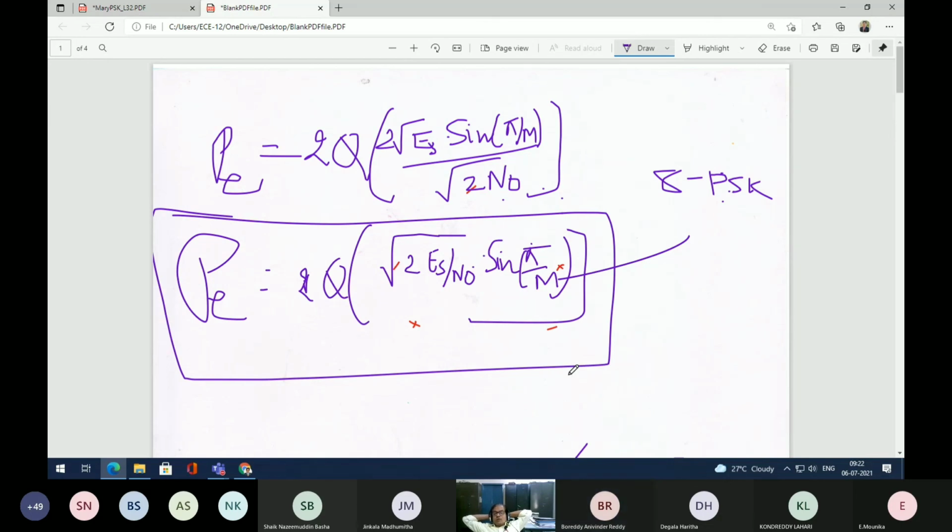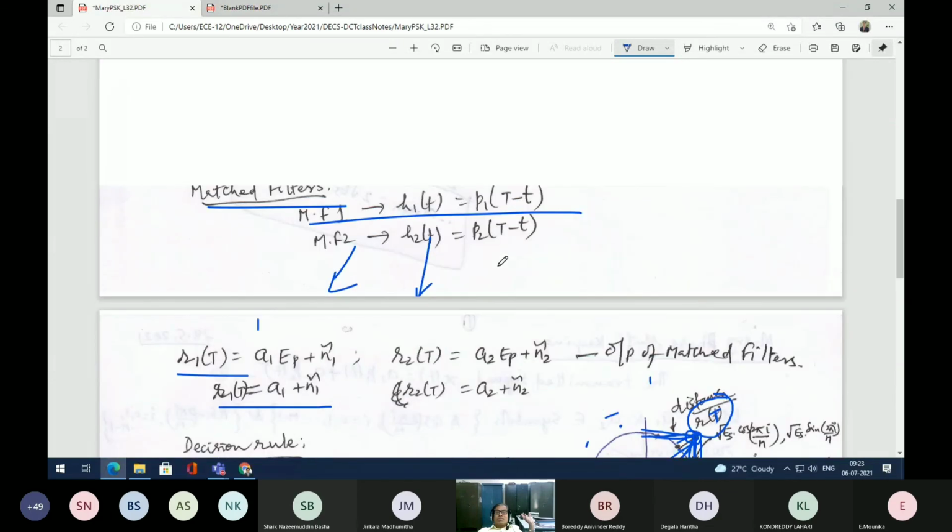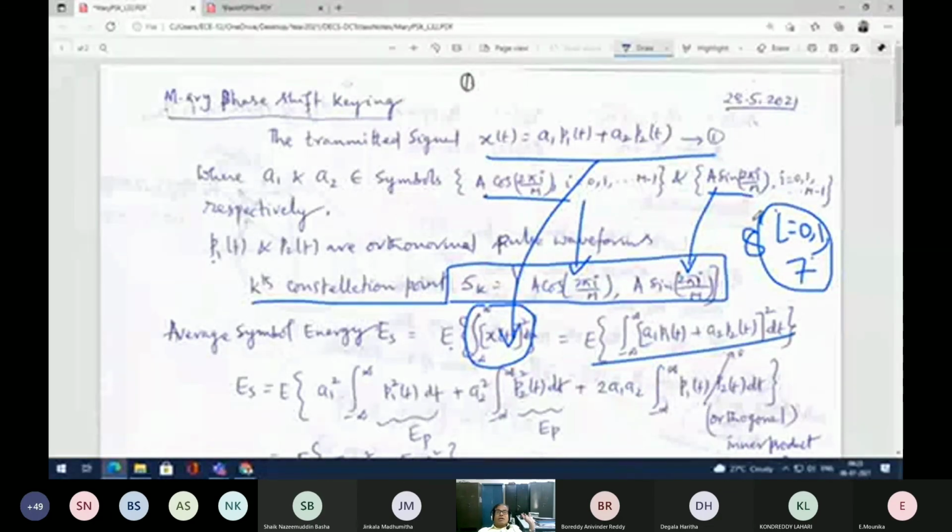So 22.5 degrees. Or you convert into radians and find its value. Sine of 22.5 degrees, you find that value and substitute here. And that is a fraction. That is actually the multiplication factor for this entire root over 2 ES by N0. So this is about your M-ary PSK.